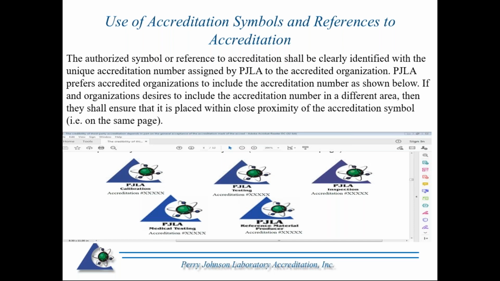The accreditation number is used. I once in a while come across an organization using the certificate number. That is subject to change. The accreditation number is a unique number that would be assigned to you. So you depict it just as presented there ideally. We have calibration, testing, inspection, medical testing, and reference material. These are all areas that we accredit to.